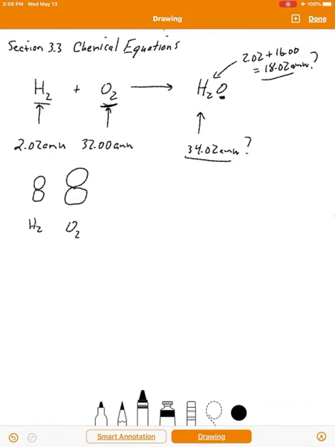What happens is water has 2 hydrogens and 1 oxygen. So 1 oxygen atom combines with 2 hydrogen atoms to give you a water molecule, right? H2O.